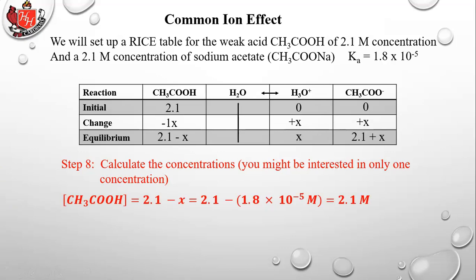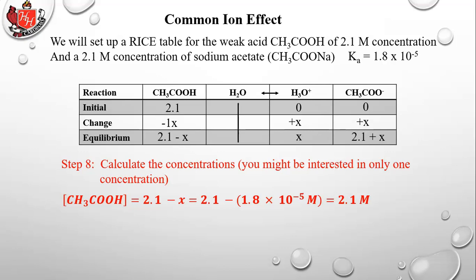Okay, so first of all, we really don't care about the acetic acid over on the left side, but if we wanted to know that, it would be 2.1 minus x. Well, x equals 1.8 times 10 to the negative fifth, so think about that. 2.1 equals 2.1 times 10 to the 0 power, because 10 to the 0 equals 1. So you have a 10 to the 0 power versus a 10 to the negative fifth power.